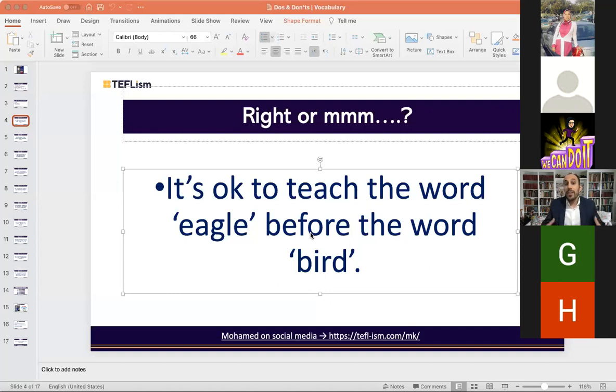Because to clarify the word eagle, the students should have been taught the word bird. So start with the simpler one, not the complicated one.